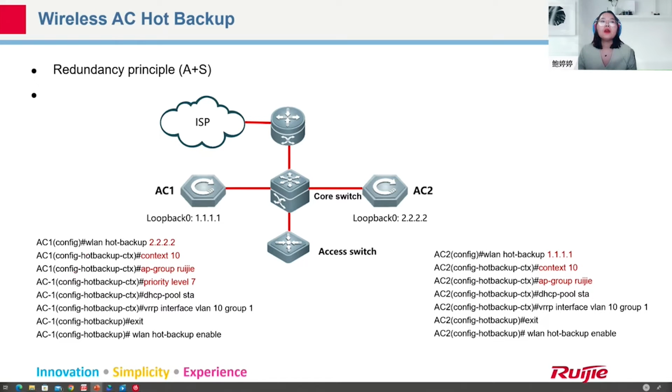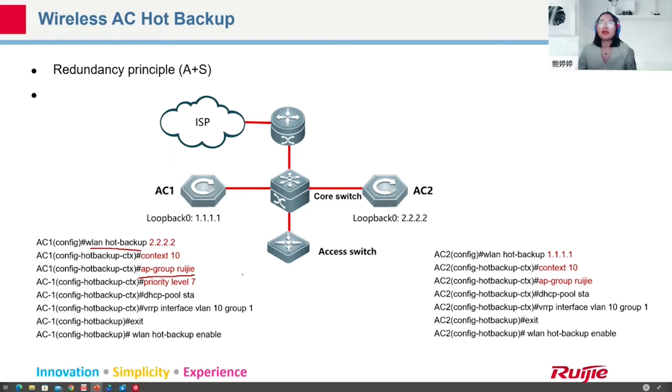On AC1, we add the WLAN hot backup configuration. Here is the loopback IP address of AC2, 2.2.2.2, and this is a contact number, contact 10. Then this is the hot backup information for the AP group.